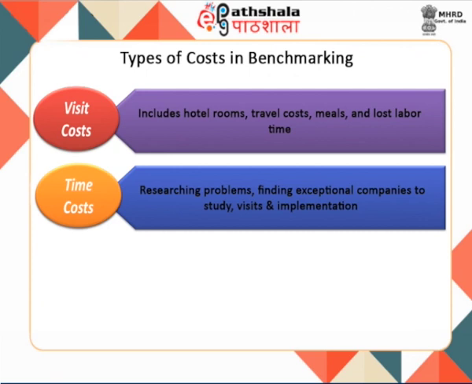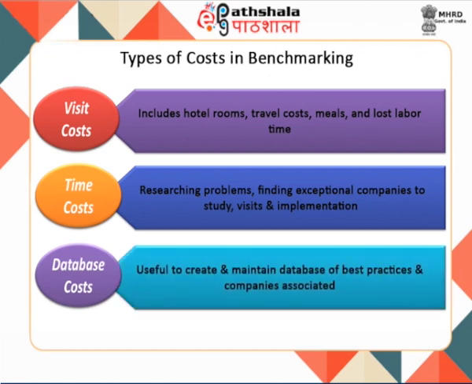Three, benchmarking database costs. Organizations that institutionalize benchmarking into their daily procedures find it useful to create and maintain a database of best practices and the companies associated with each best practice.